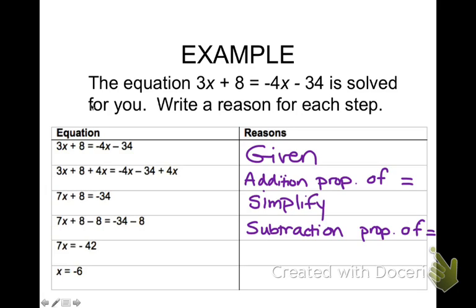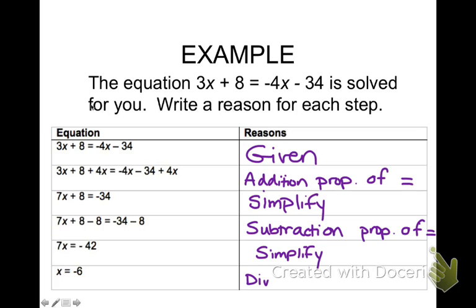What's your next move? What did they do? Yeah, so they simplified. So they combine like terms. 8 minus 8 is 0. Negative 34, negative 8 makes you get negative 42. And then what was the last step? Division. Good, they divided by 7.